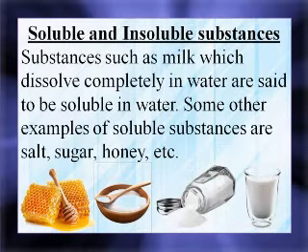Some other examples of soluble substances are salt, sugar, honey, etc. So students, substances such as milk, which dissolve completely in water, are said to be soluble. And some examples of soluble substances are salt, sugar, honey, which completely dissolve in water.